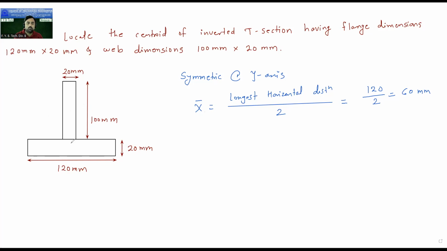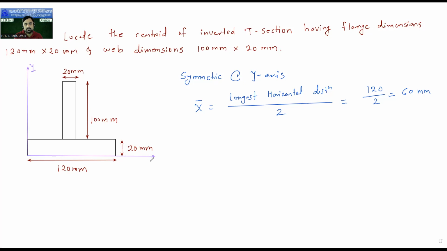To know y1 and y2, we should first locate the reference axis. I will take this left hand side corner, and from here, this is the x-axis, and from the same corner, this is the y-axis, so that our figure is in the first quadrant.